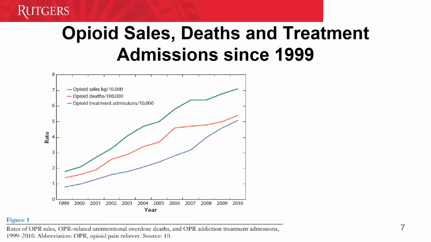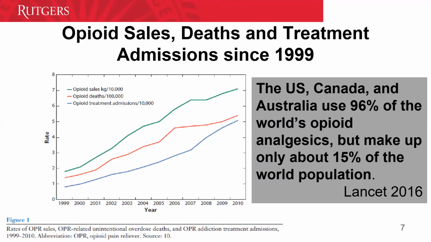In fact, the US, Canada, and Australia use 96% of the world's opioid analgesics, but make up only about 15% of the world's population. And just to emphasize, it was just those three countries that really make up the vast majority of opioid analgesics use.